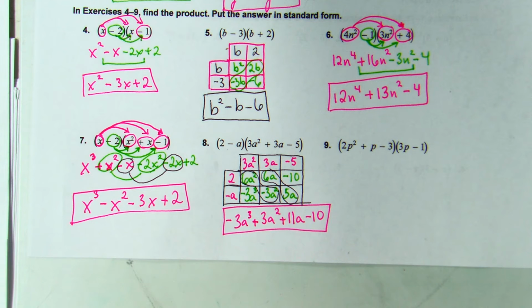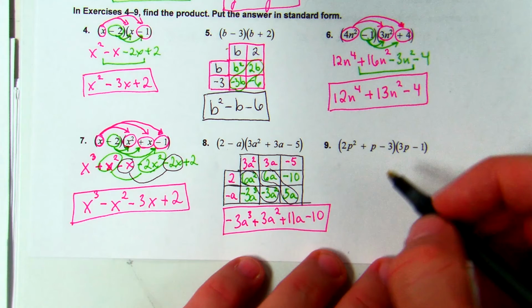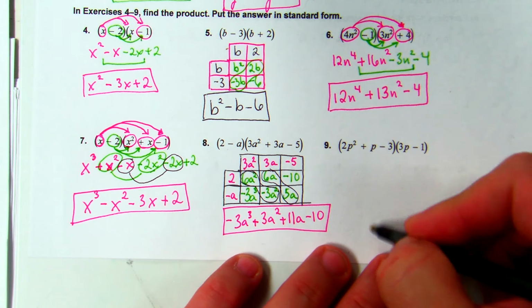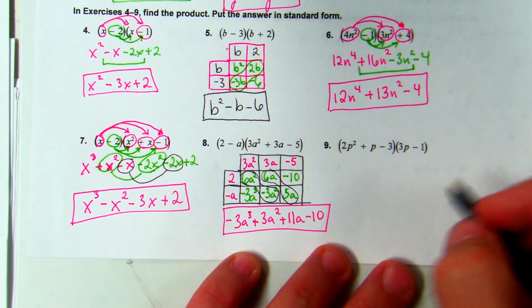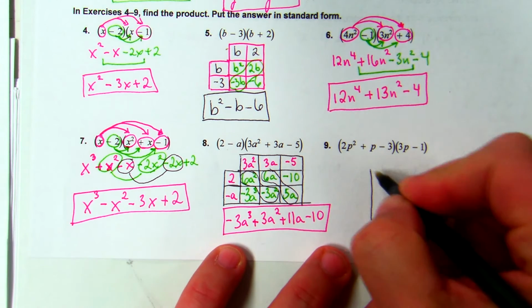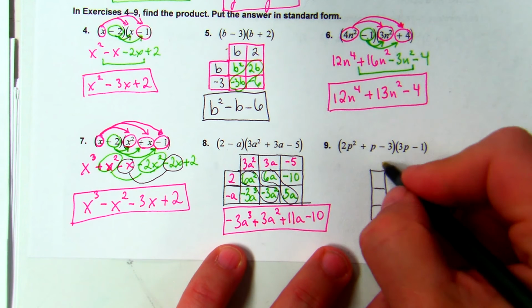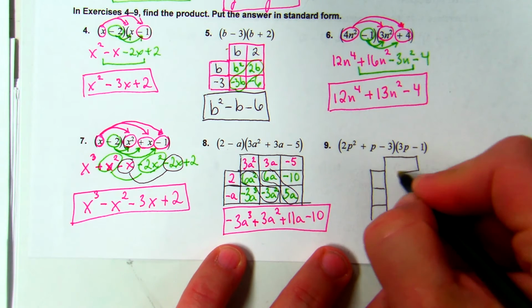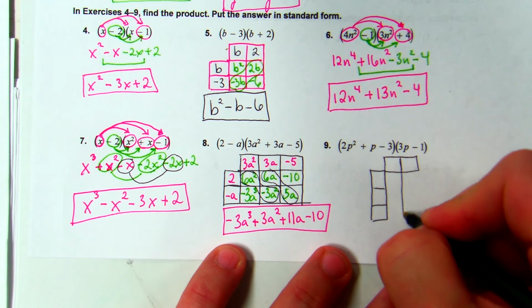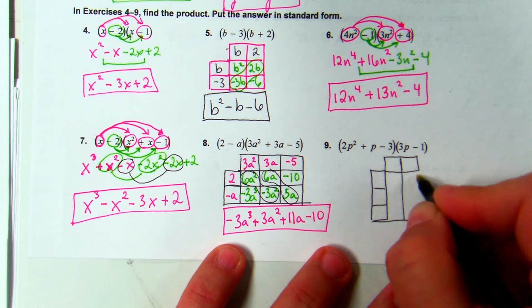All right. On number 9, I'll draw this table a little differently as well, just to show you that you could have the trinomial on the left and the binomial on top. It doesn't really matter. So I could have my 3 terms here, and I could have my 2 terms here, and I can still come out with the same thing.